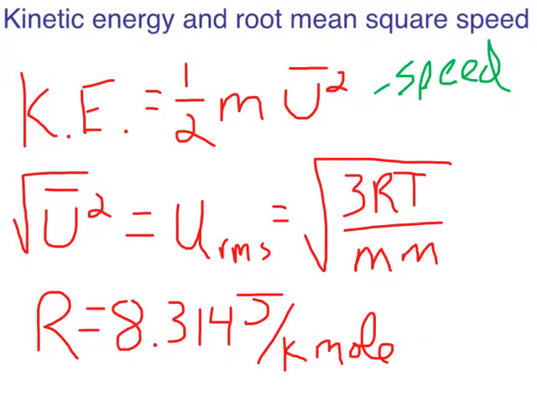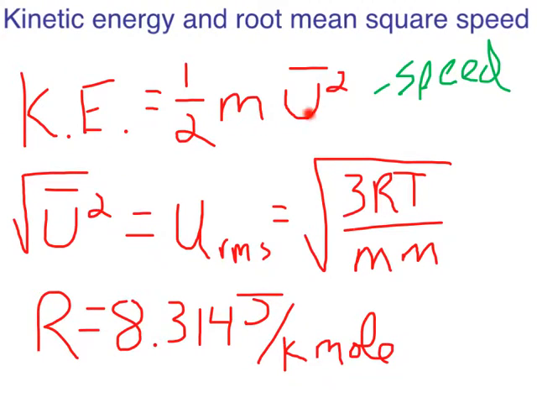And as we've said before, it doesn't matter what type of gas particles we're talking about. The kinetic energy of two gases at the same temperature will be identical. Now how can that be? If they're not going to be moving at the same speed and they don't have the same mass, how can this be true?